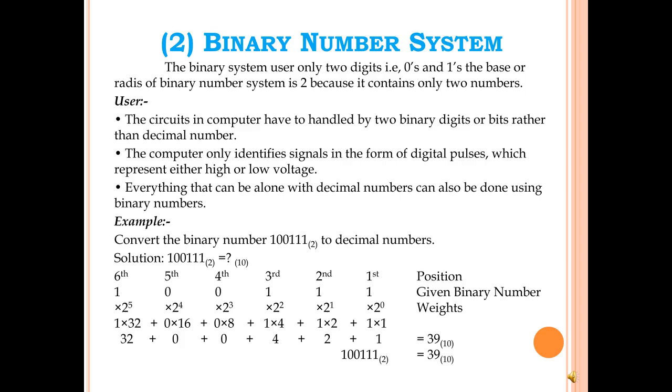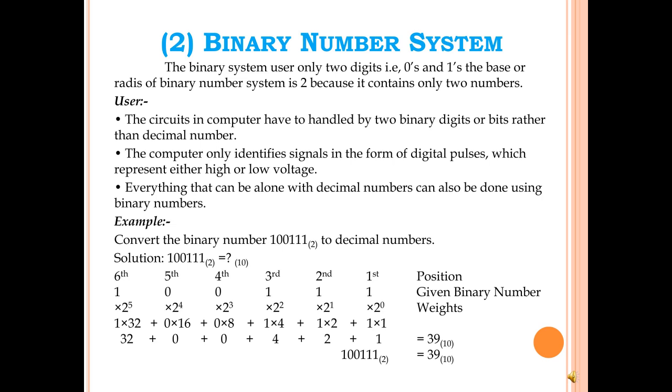Let's take an example. Convert the binary number to a decimal number. So we have a binary number 100111 base 2. As per the number, we can see its position.